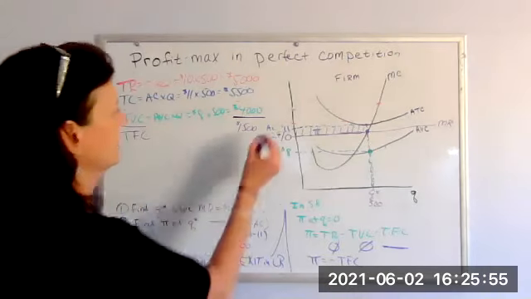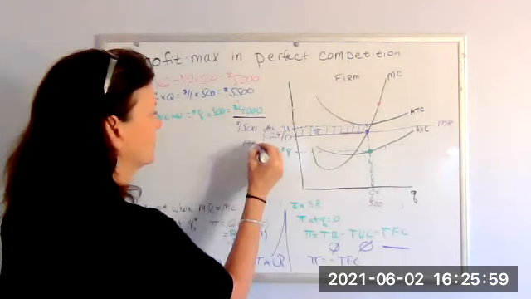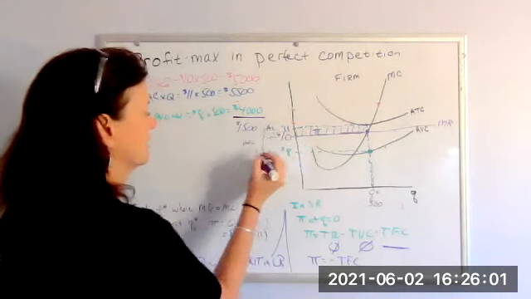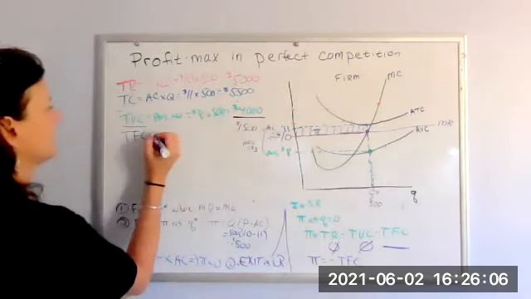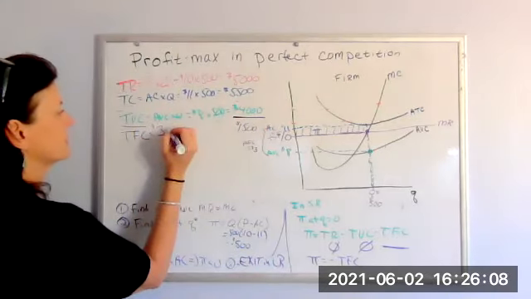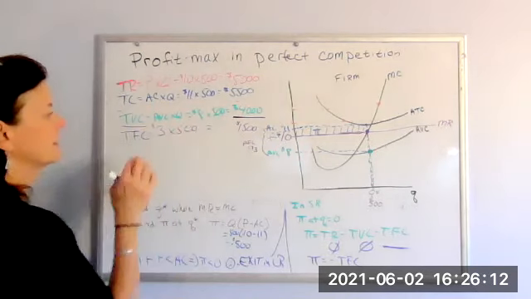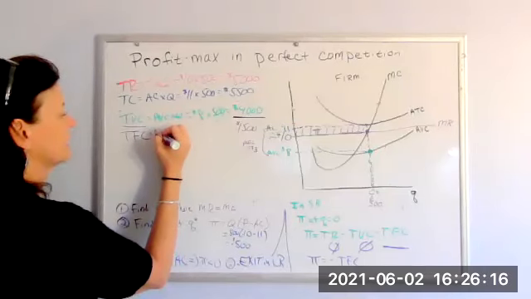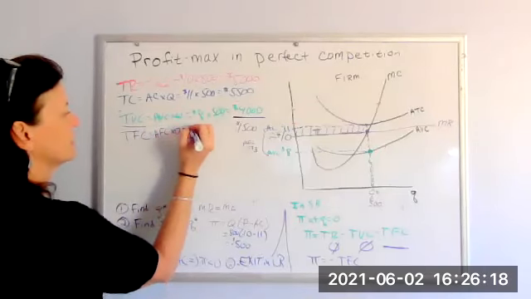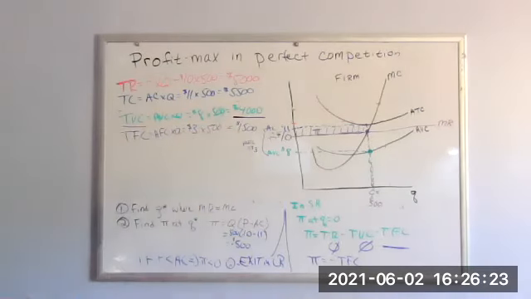Or I could have said at Q star, my average fixed cost is 11 minus 8, which is $3. It's the difference between average cost and average variable cost. And I could have said average fixed cost times Q equals $3 a unit times 500 units, equals $1,500.